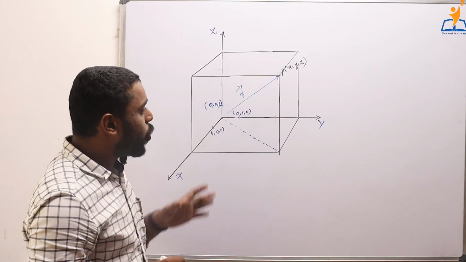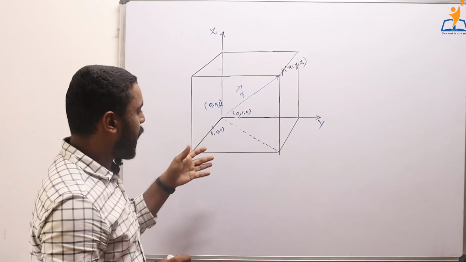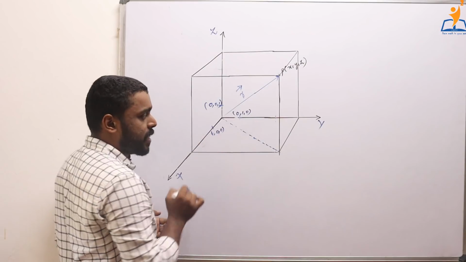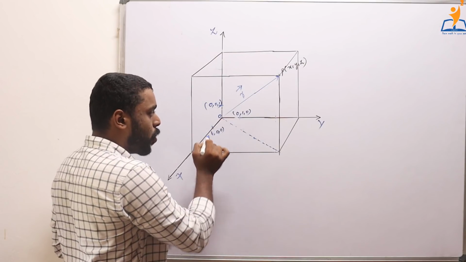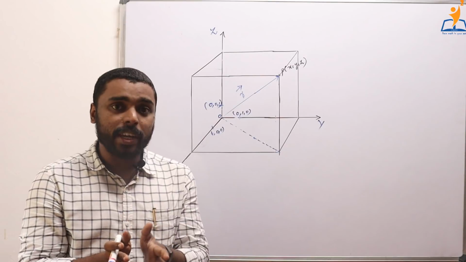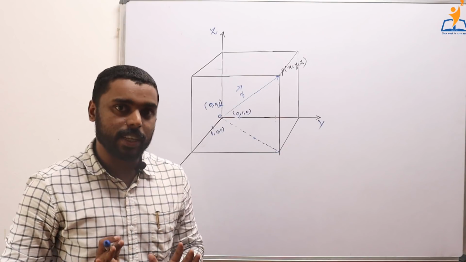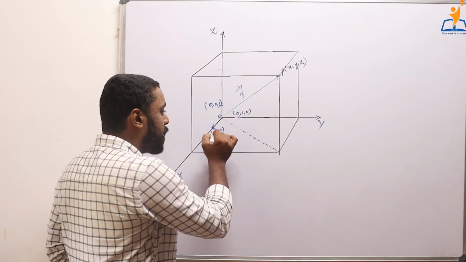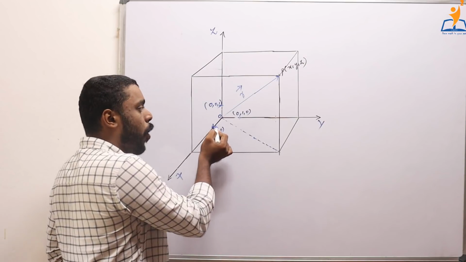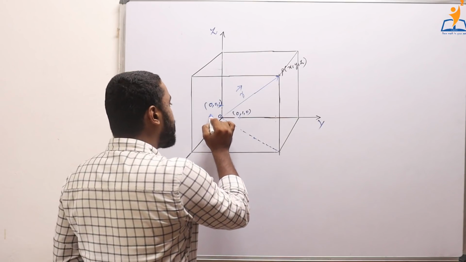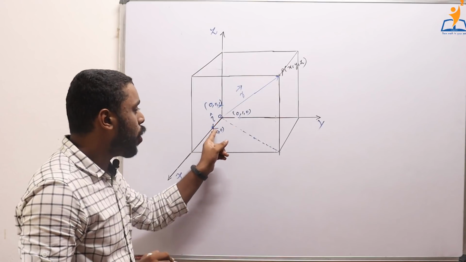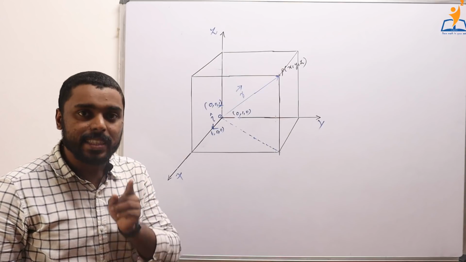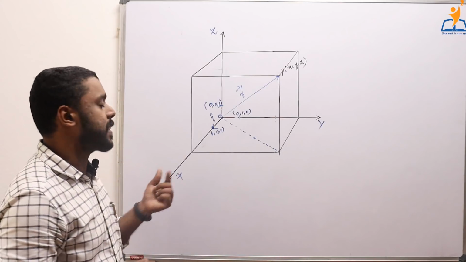Now the unit vectors along the directions of the x-axis, y-axis, and z-axis can be found as follows. See here, the distance is 1 unit, right? And this is the origin. We know that to any point we can draw a position vector from the origin. Now this is the point we need to find, and let this be the position vector of this point from the origin, and we name it i cap. The magnitude of this vector is 1 unit, and we named it i cap because this is the unit vector in the direction of the x-axis.